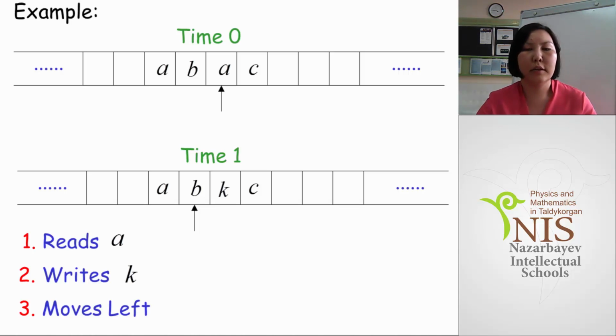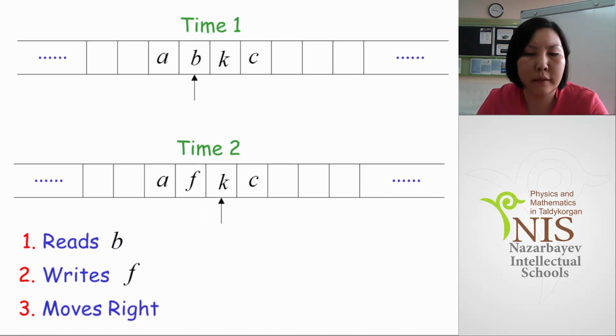And we see the result at time 1: the letter A was changed to the letter K, and the arrow moved left. Another operation: if the head reads B, it has to write F instead of B and move right. And also here you can see the result of that.